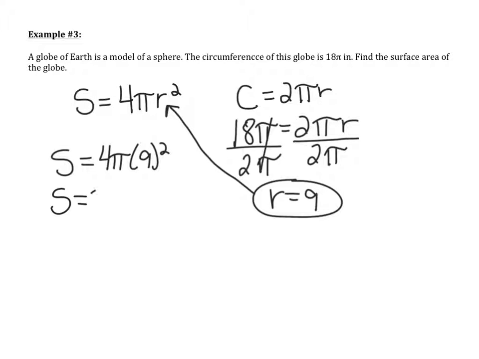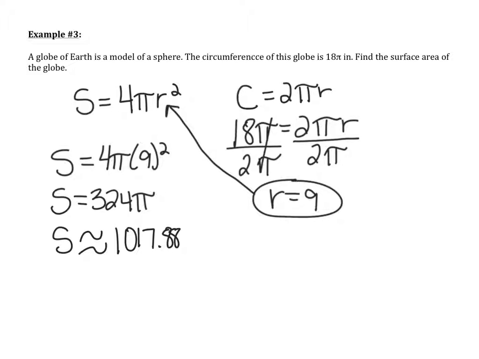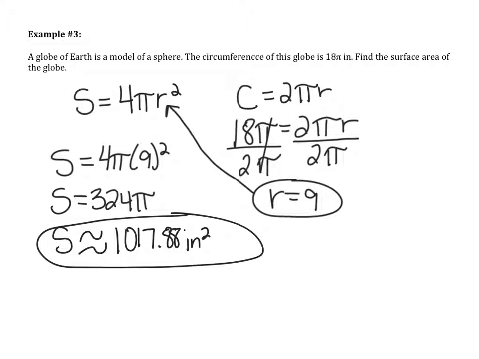So my exact answer is 324 pi, but they're just asking for the surface area of the globe, which is like a real life situation, so it wouldn't make sense to leave our answer in terms of pi. So taking 324 times pi in my calculator, I get that the surface area is about 1017.88, and it would be inches squared since it's a surface area.